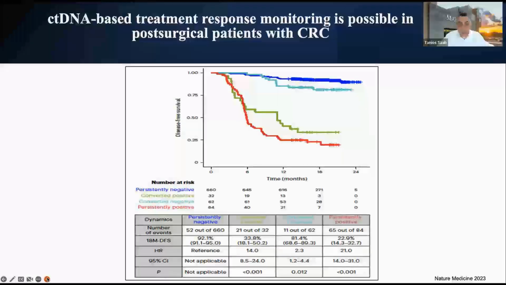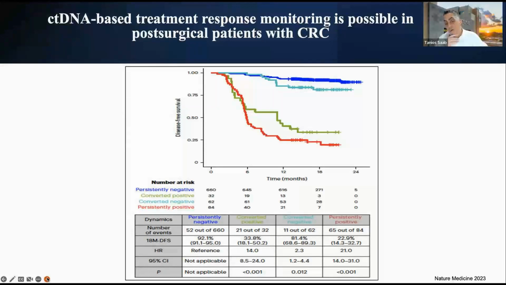Those that are persistently negative do the best, and those that start positive and then go negative do close enough to the persistently negative. So it's good to see that switch from positive to negative. It seems to actually improve the odds for the patient.